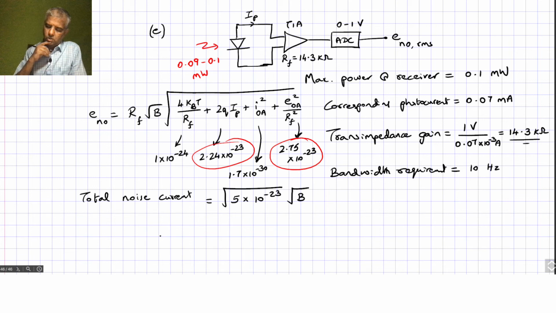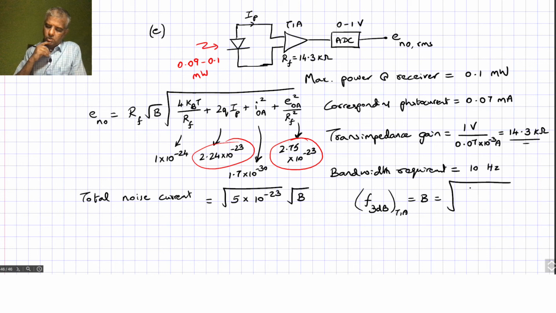So B requirement is only 10 hertz, but when you do a design using a transimpedance stage, we know that B corresponds to the f3dB of your transimpedance amplifier, which corresponds to the noise bandwidth of the receiver that we are looking at.